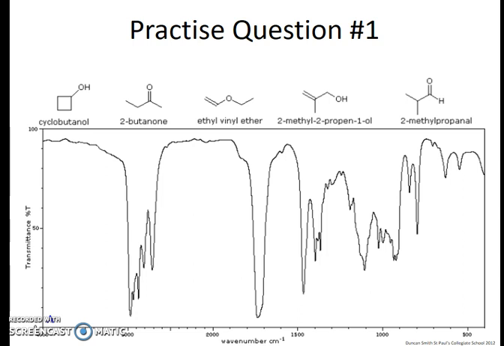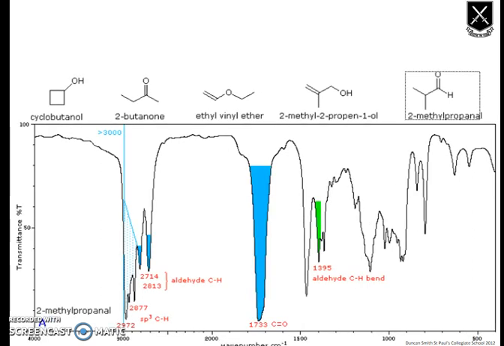I'm going to look at the carbon-hydrogen peak to see if there is a shoulder on the right-hand side of it at about 2750 wave numbers, and yes, there is a shoulder peak there. So I'm reasonably confident that this is an aldehyde rather than a ketone, and therefore this must be 2-methyl-propanal.